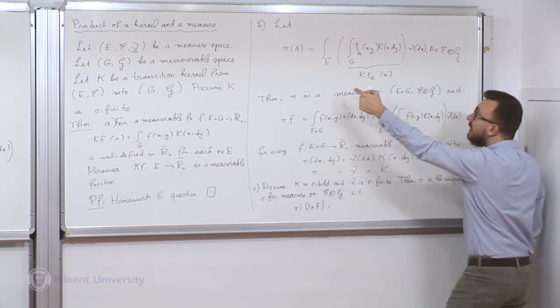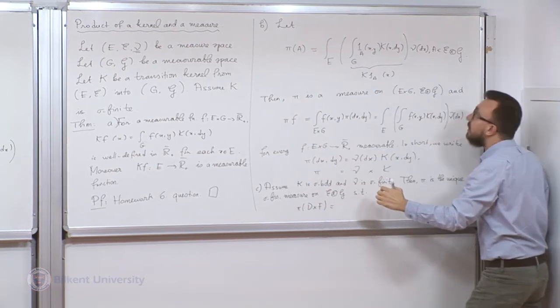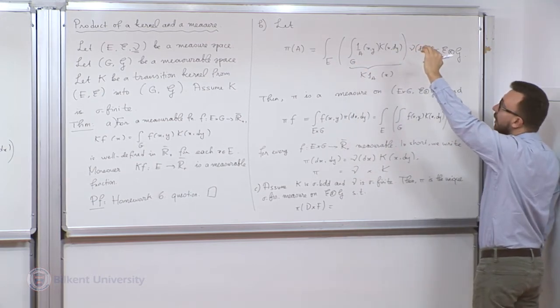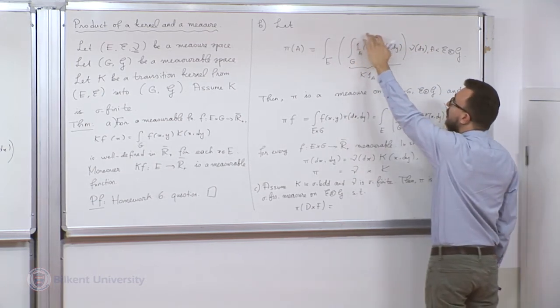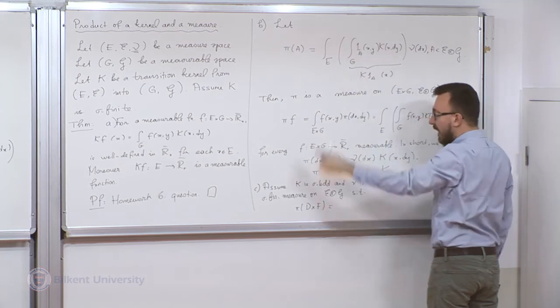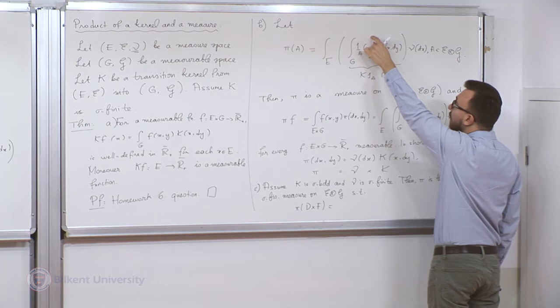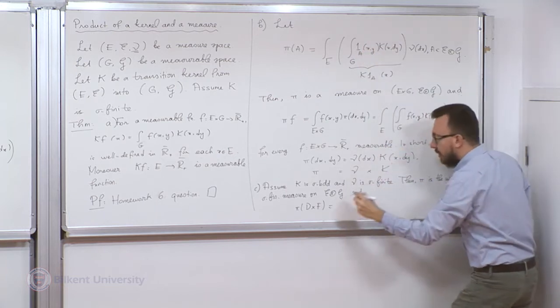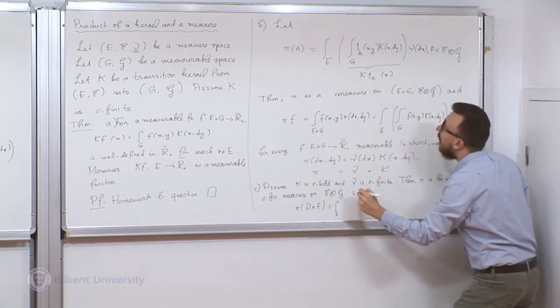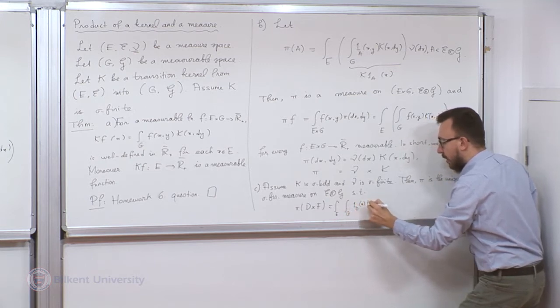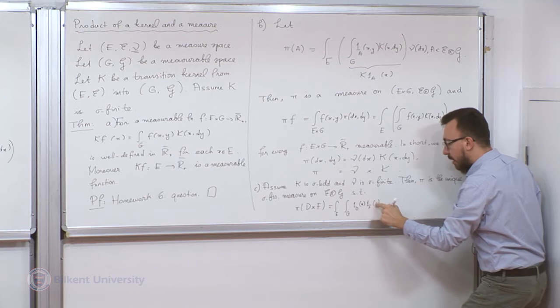So I'm specializing into measurable rectangles now. Let's evaluate this integral for a measurable rectangle. So if I have a measurable rectangle, it's going to be indicator of D of x times indicator of F at y, right? So this is going to be indicator D of x indicator F of y.